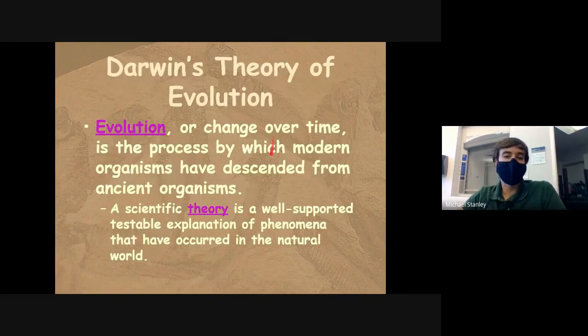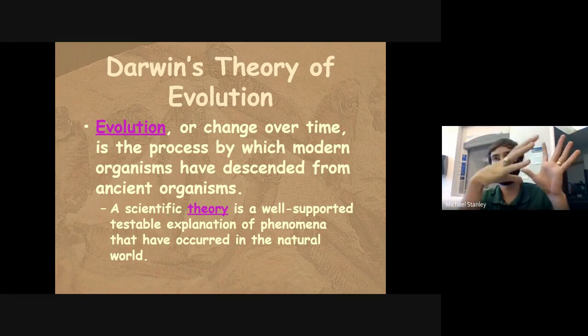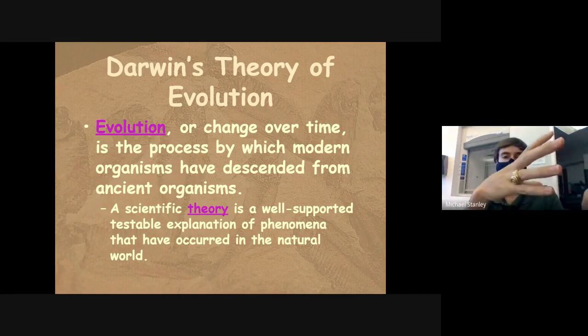So evolution, or descent with modification or change over time, is this super gradual process that takes thousands of generations and millions of years, but it causes organisms to change from a certain type, a certain species, into a new species. So modern organisms are all descended due to these changes from these ancient organisms.